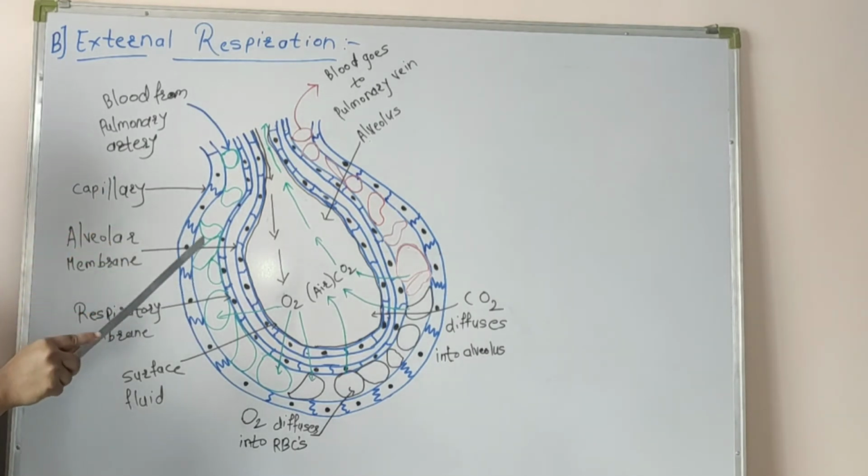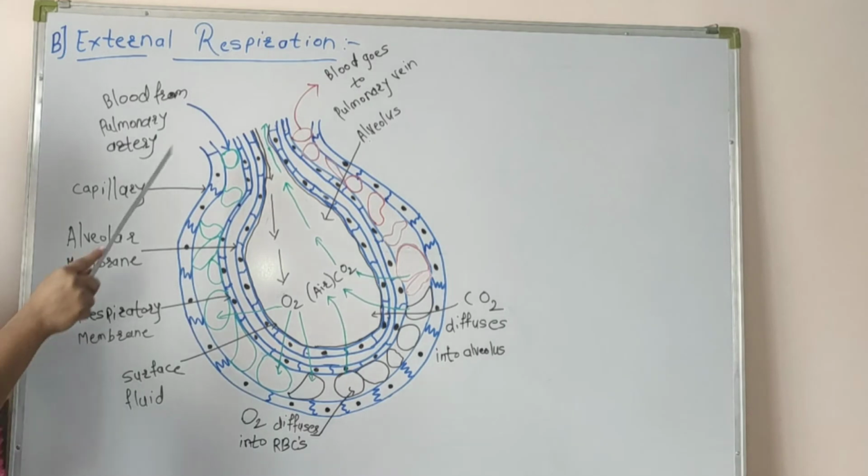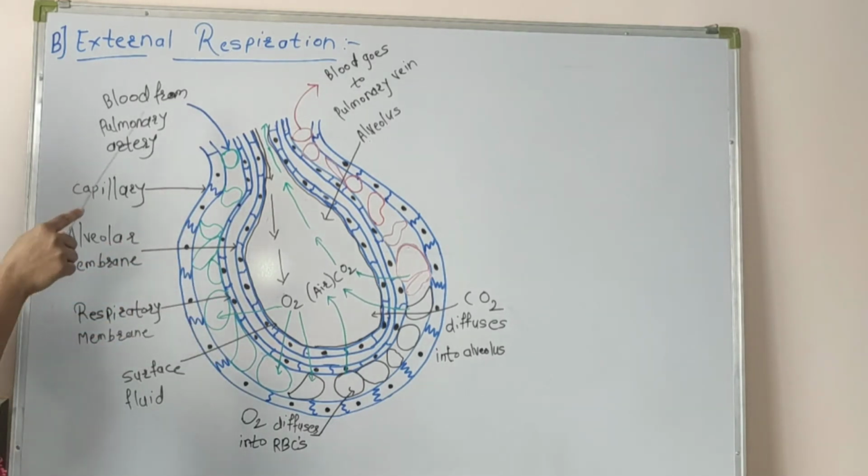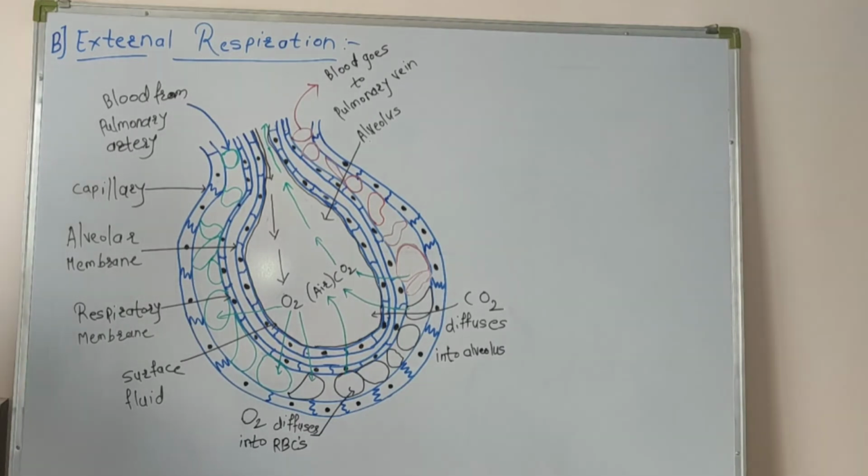This mechanism is continuously repeated, and in this way respiration continuously occurs. That's why external respiration is also called the exchange of gases at the alveolar level.